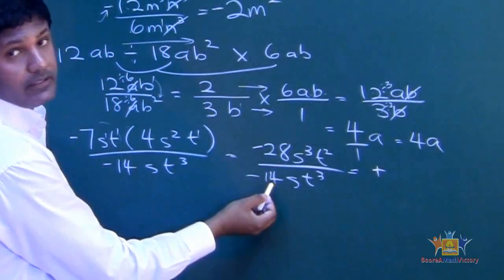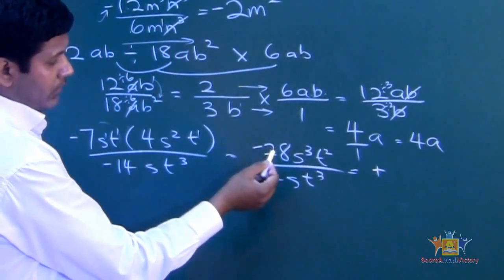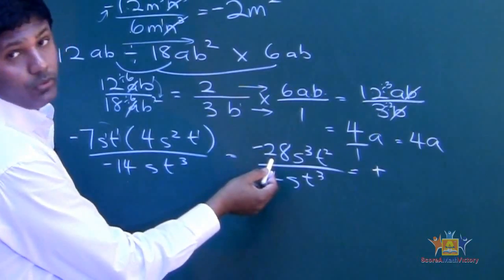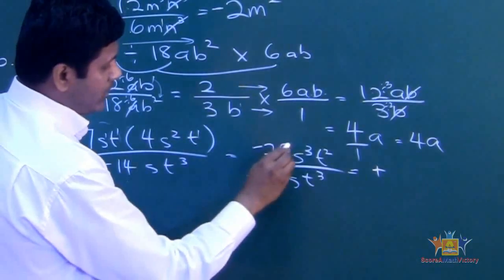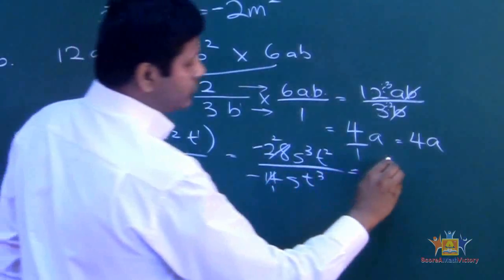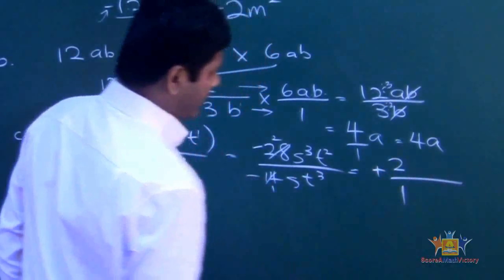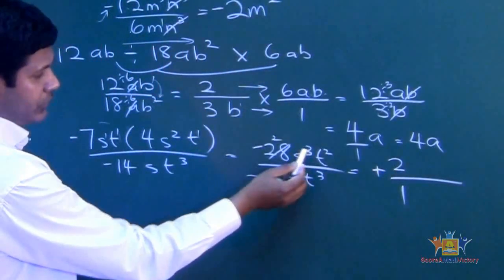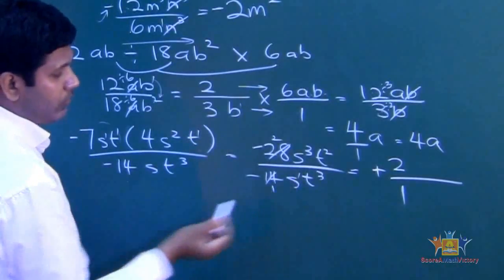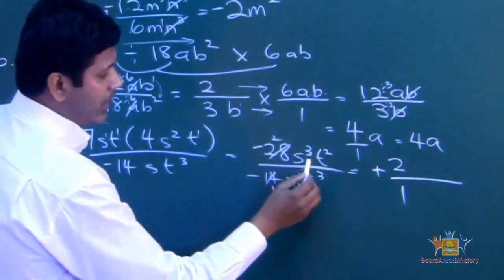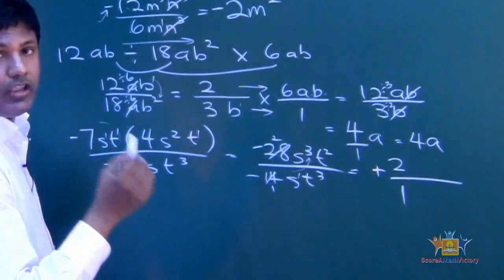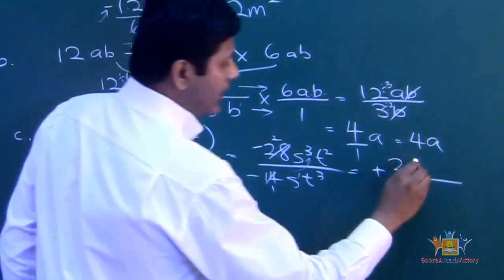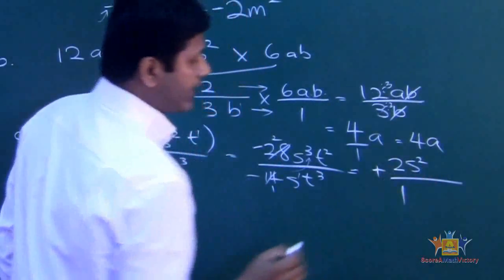28 divided by 14. If you double this, it will become 28. That means this one becomes 1, this one is 2. Okay, so we know it's 2 over 1. Alright? S to the cube, S to 1. I bring this one up and subtract. 3 minus 1 is 2. S to the 2. See that?